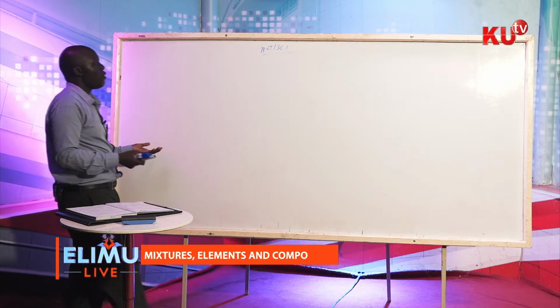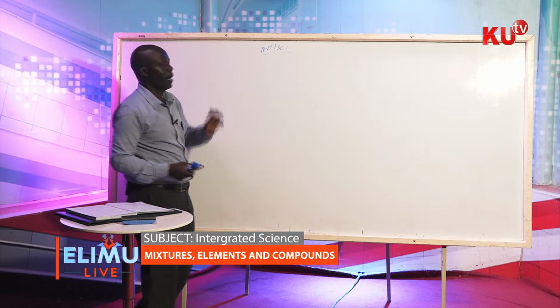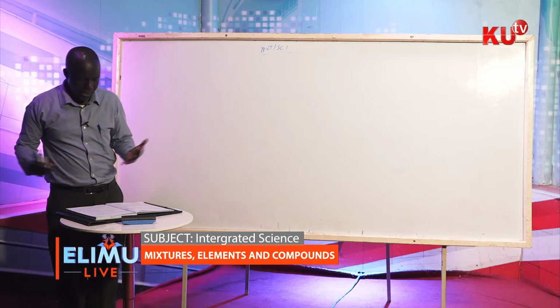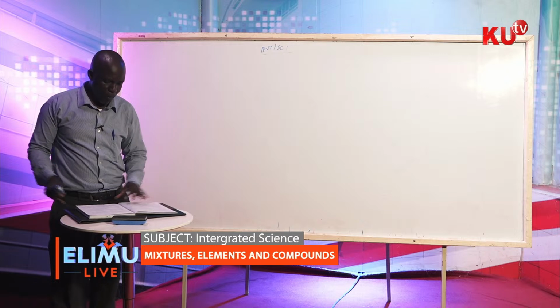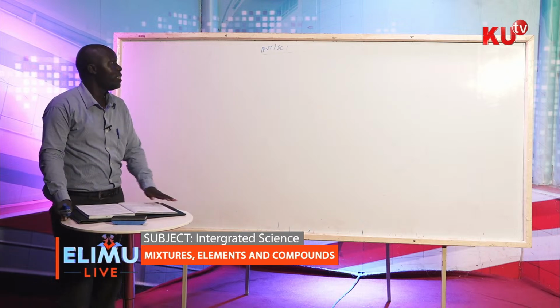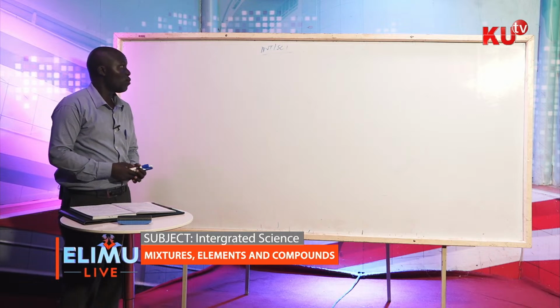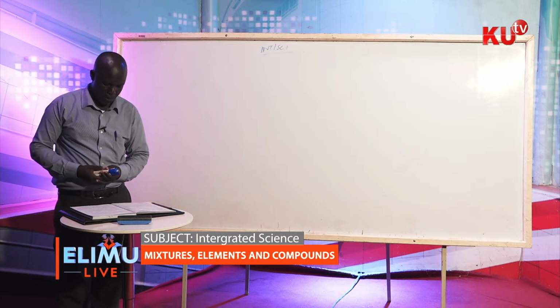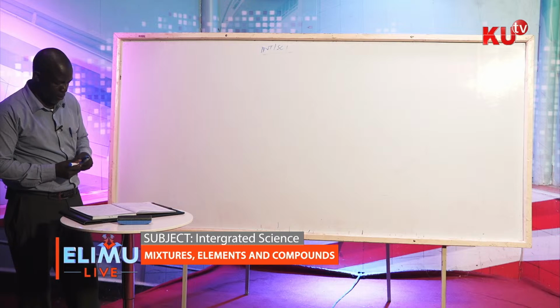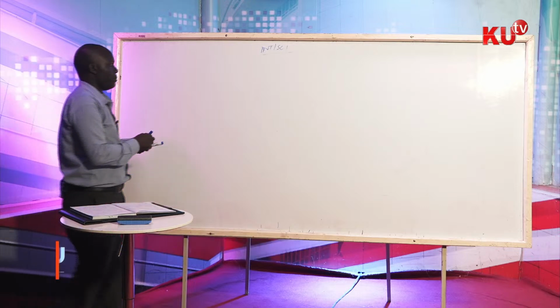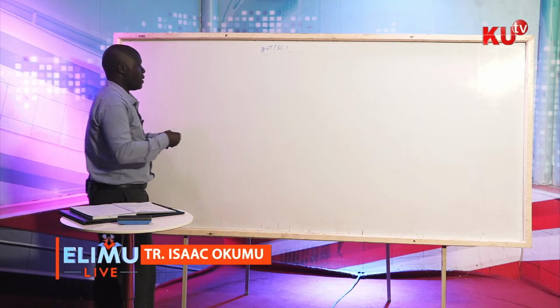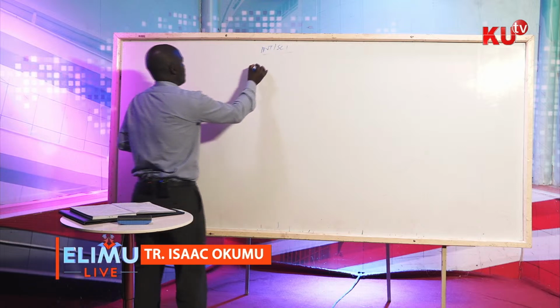And how do we form the compound? Compounds are formed by combining two or more elements chemically together to form what we call a compound. Now let's look at the structure of an atom, which is also one of the topics in grade 8.